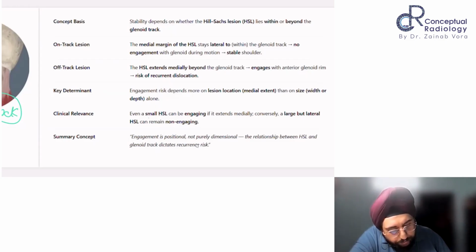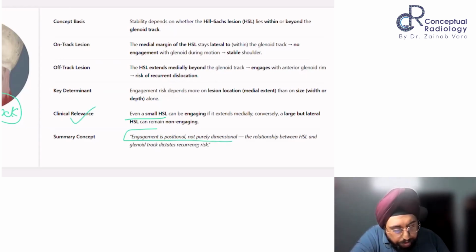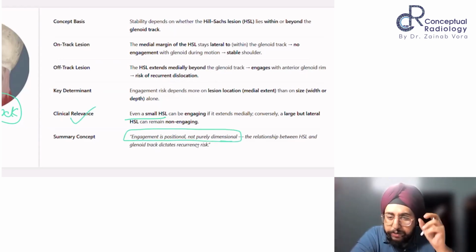Even a small Hill-Sachs can be engaging if it extends medially, and a large but lateral HSL can remain non-engaging, depending on whether it has crossed that medial extent or not. So it is important that engagement is positional as well as dimensional.